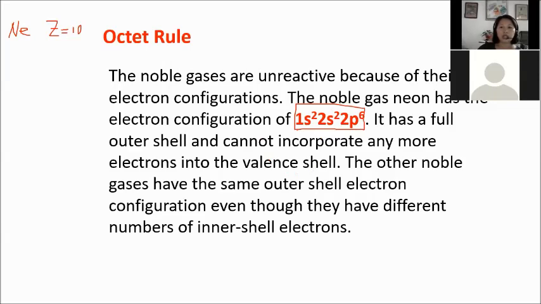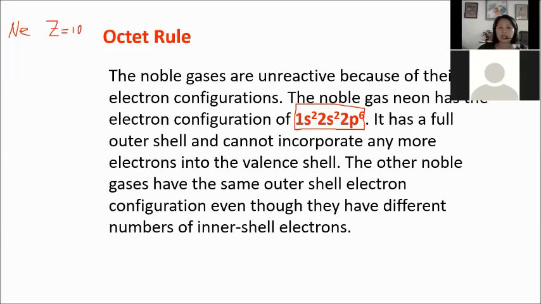So, fully outer shell and cannot incorporate any more electrons into the valence shell. That is why we can say that neon is unreactive. Less likely to form a compound, less likely to react, less likely to combine with other elements.